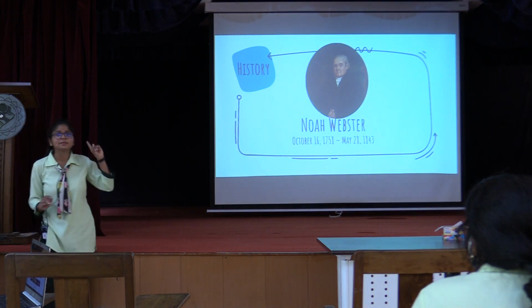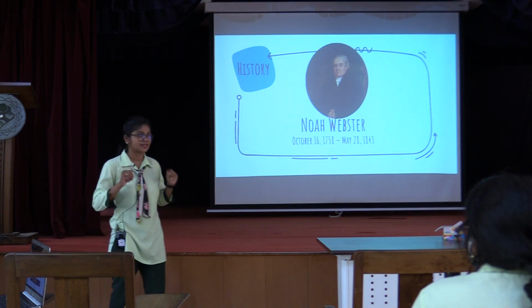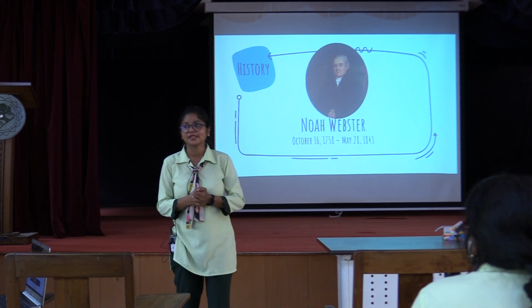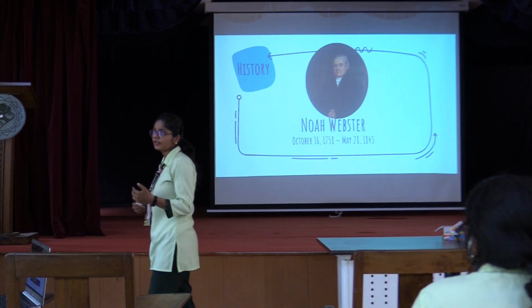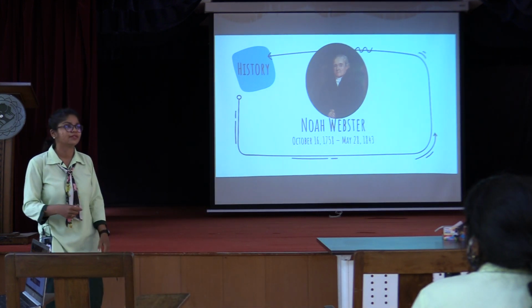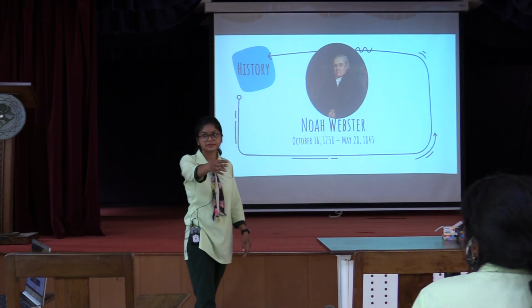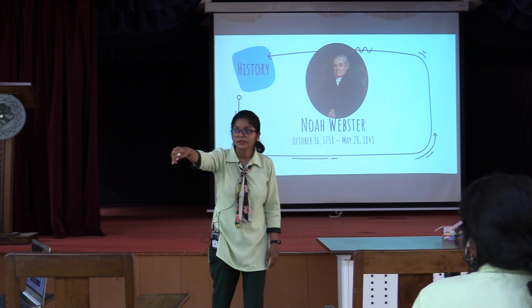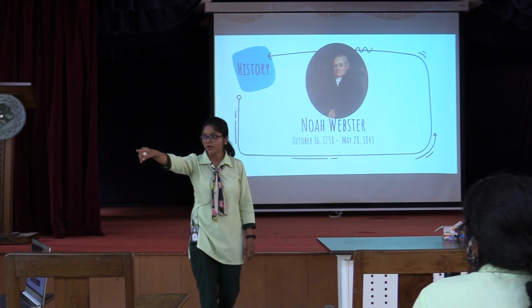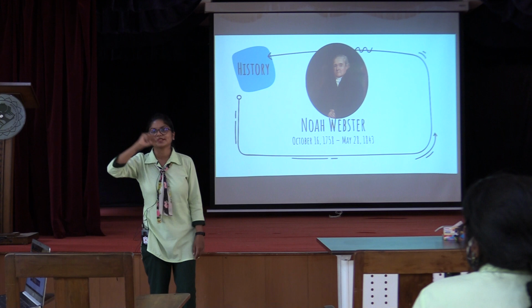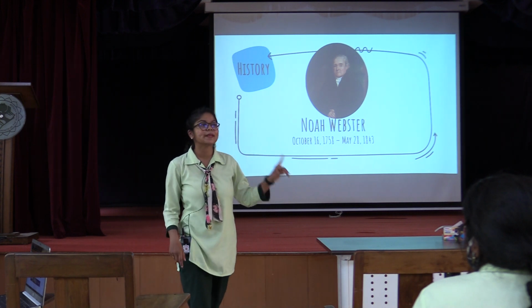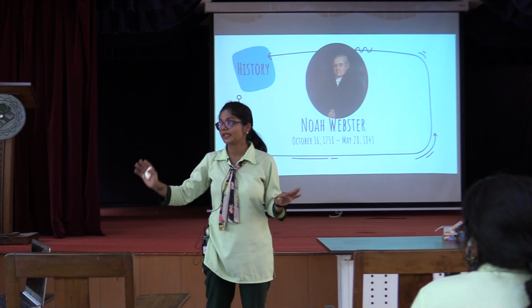So as I said, one person is responsible for this mess. Yes, the name of the person is Noah Webster. Very often, which are the dictionaries you've heard of? Cambridge, yes. Oxford? Webster's. So now remember, when we say specifically Webster's, this is an American dictionary.